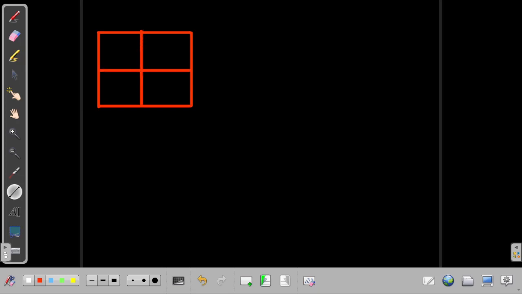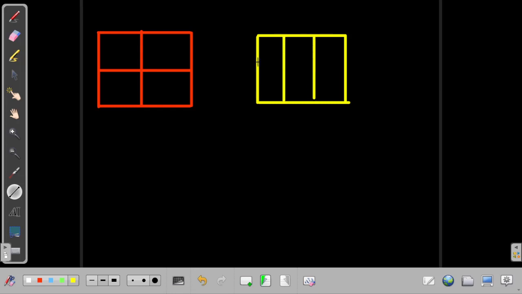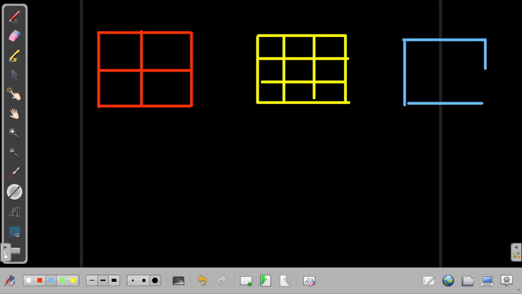Now one more square I need to draw. It is also one more square. For example purposes I am drawing this, just to see some patterns in the squares.